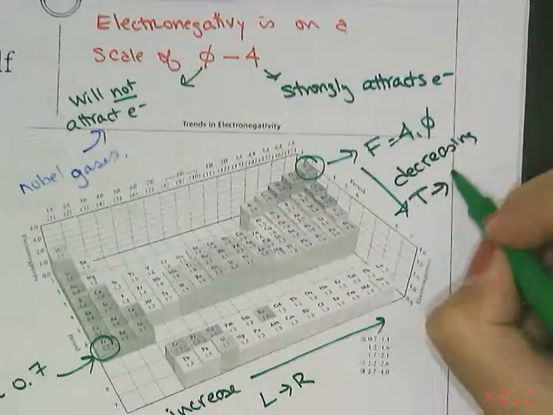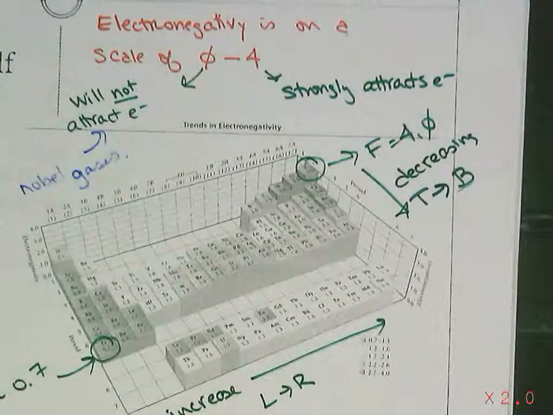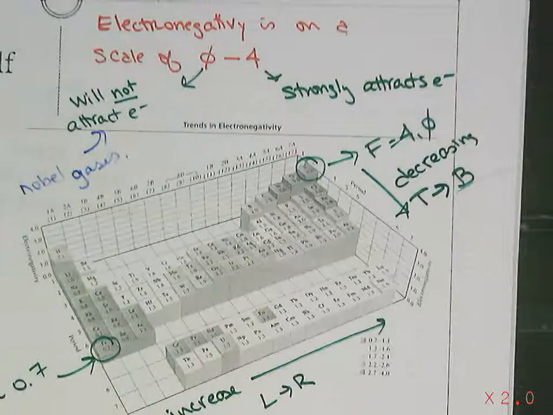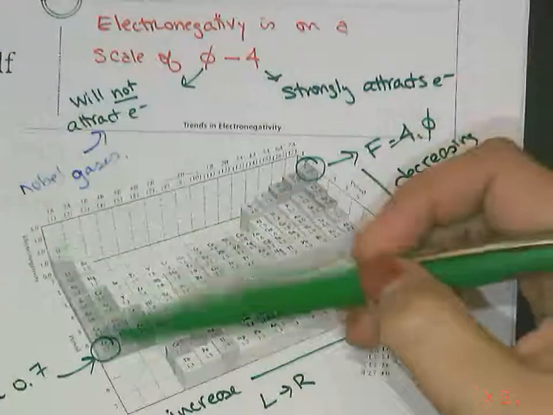So electronegativity decreases going top to bottom, which again makes sense, right? Because if you are iodine with 53 electrons, there's not a lot to gain by getting that 54th electron. You're in energy level, what is that, 5, and so there's not a strong desire to get an extra electron in there. So fluorine's always going to be the highest. Noble gases are zeros, and then column 1A is going to be your lowest.